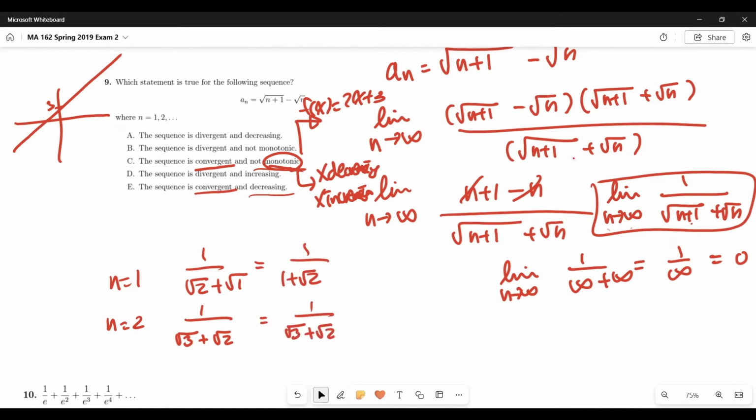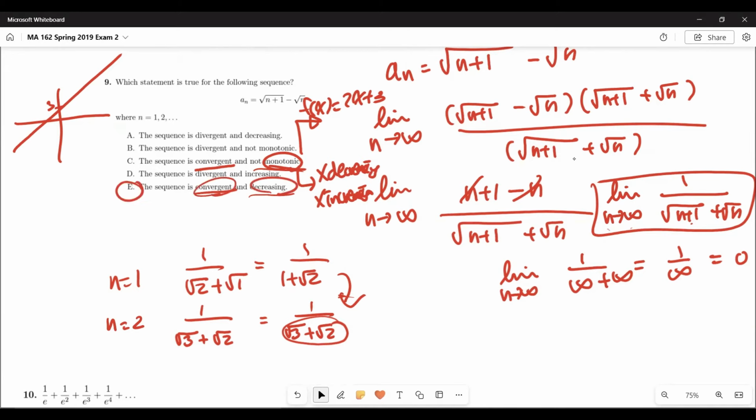If you punch the values into the calculator, it will show that it's decreasing. And also, we can know that it's decreasing because the denominator is getting bigger. If the denominator is getting bigger, that means it's decreasing. So the answer for this question is convergent and decreasing, so the answer is E.